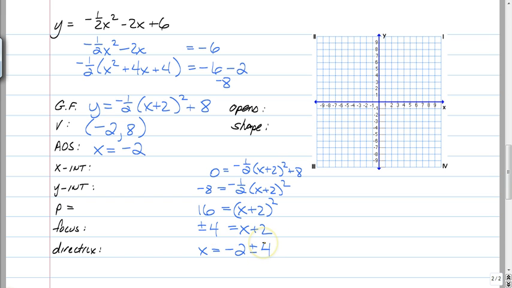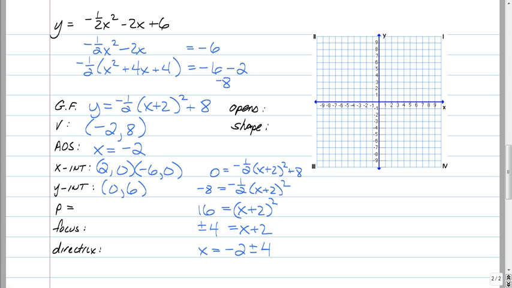Negative 2 plus 4, as you know, is 2, comma 0. And negative 2 minus 4 is negative 6, comma 0. The y-intercept is still going to be 0, comma 6. It's when x is 0. So this is 0 minus 0 plus 6. And everything here is what you did back in chapter 5.